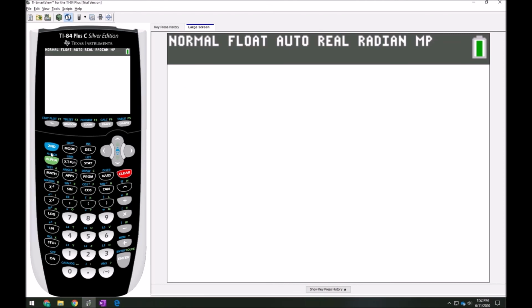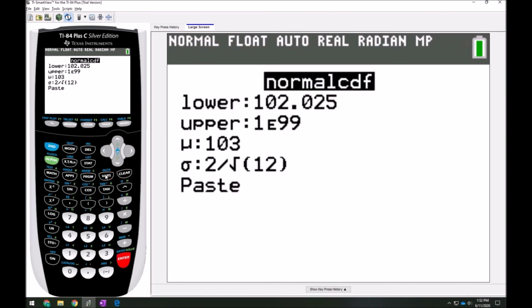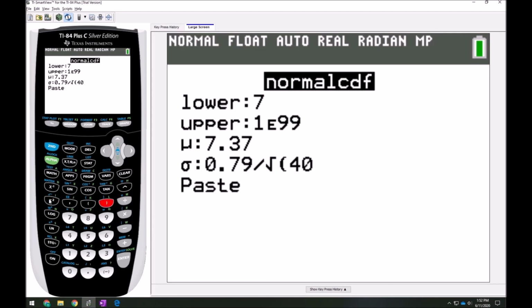So on the calculator, I'm going to click on normal CDF. And again, I'm going to be starting from 7. I'm going to go to 1E99. My average was 7.37. And my standard deviation is a different value here. My standard deviation is going to be 0.79 divided by the square root of 40.